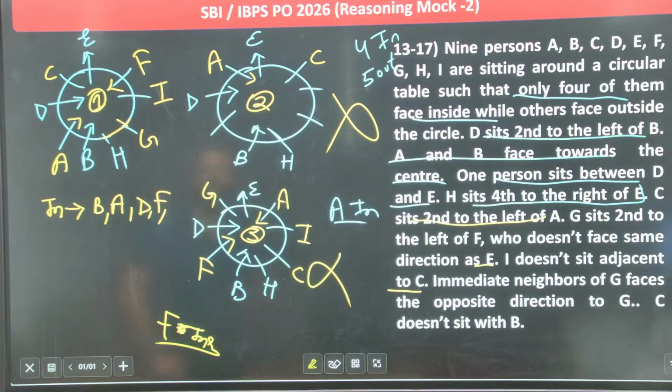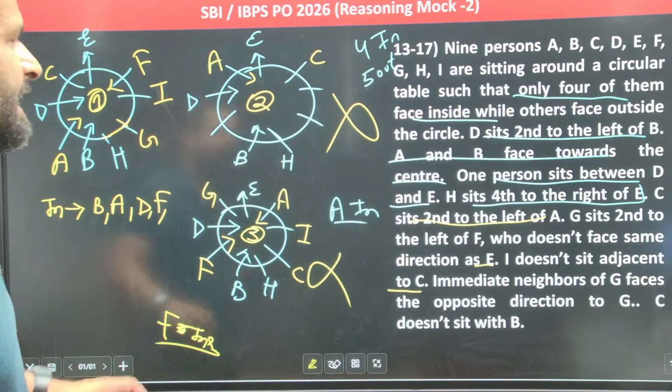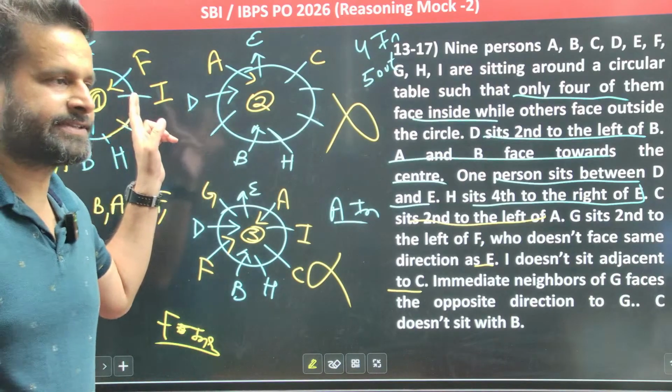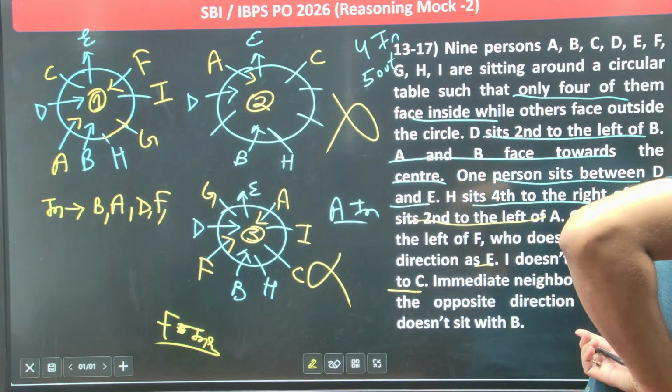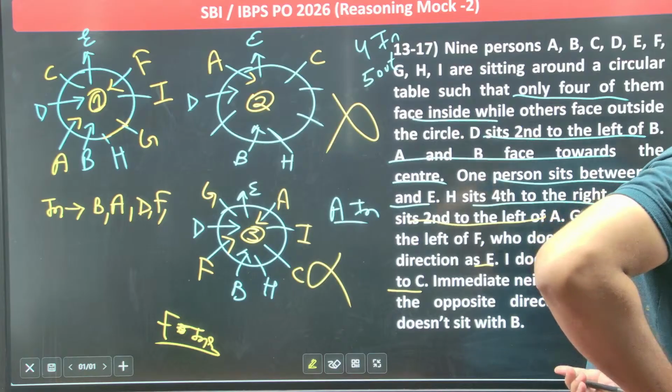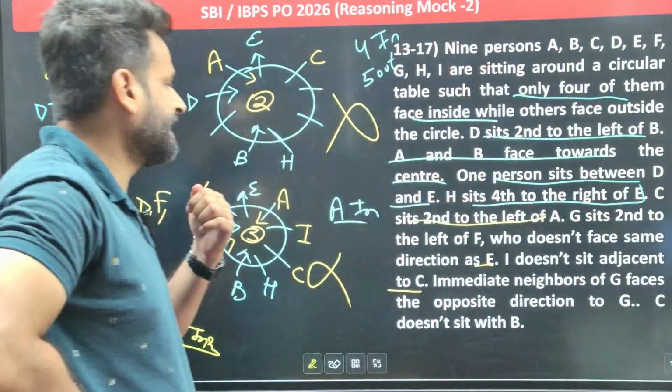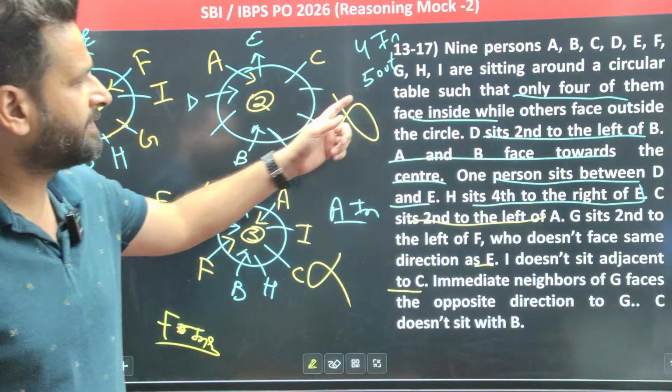A and B were facing inside. And D, how was the direction of D coming? One between D and E. D second left of B. Direction of D was not there, right? I think by mistake I have given the direction to D. It will not be coming. One case is right, three. Yes, I think by mistake I have given direction to D, because the direction of D is not coming from anywhere.